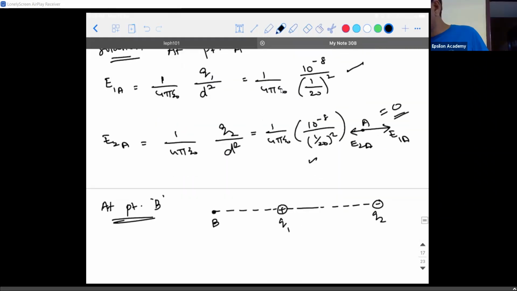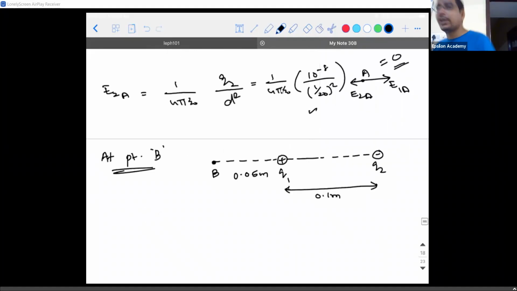So how much is this distance given? This is also 0.05 meter and this whole distance is 0.1 meter. Right? The net electric field at point B is going to be something like this.